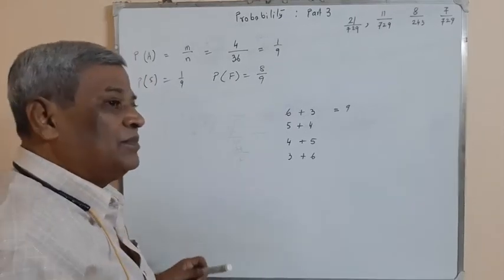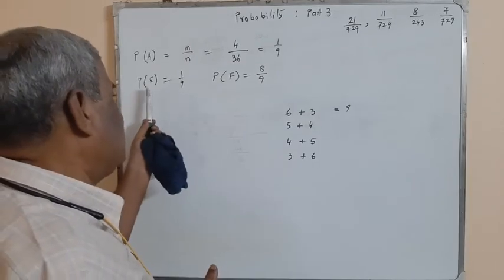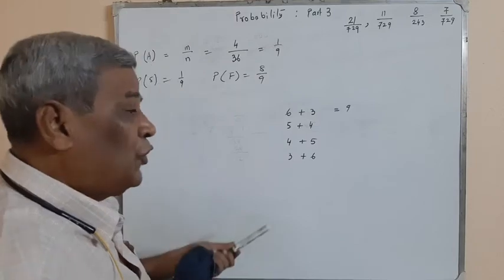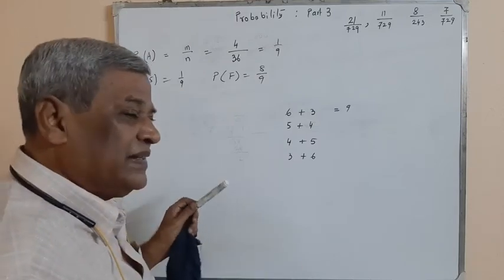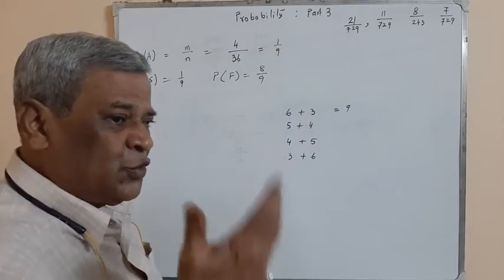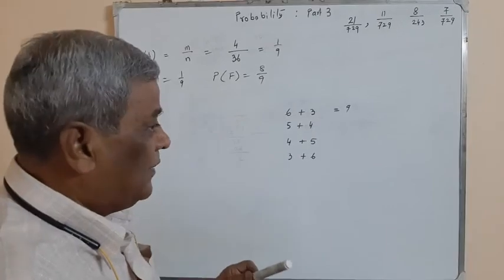Now it becomes a binomial distribution because either the sum will be 9 or not. So two events are there, and the probability of success remains the same throughout the trials. Probability of failure remains the same throughout the trials.